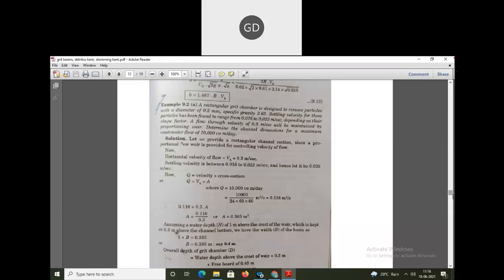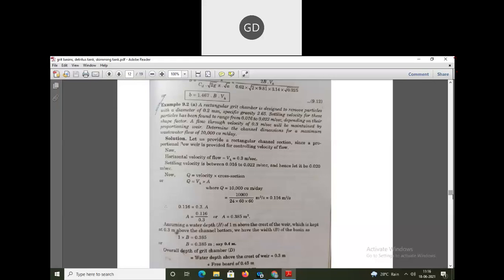Settling velocity for these particles has been found to range from 0.016 to 0.022 meter per second, depending on their shape factor. A flow-through velocity of 0.3 meter per second will be maintained by a proportioning weir. Determine the channel dimensions for a maximum wastewater flow of 10,000 cubic meter per day. So here, what things are first given, let us see.